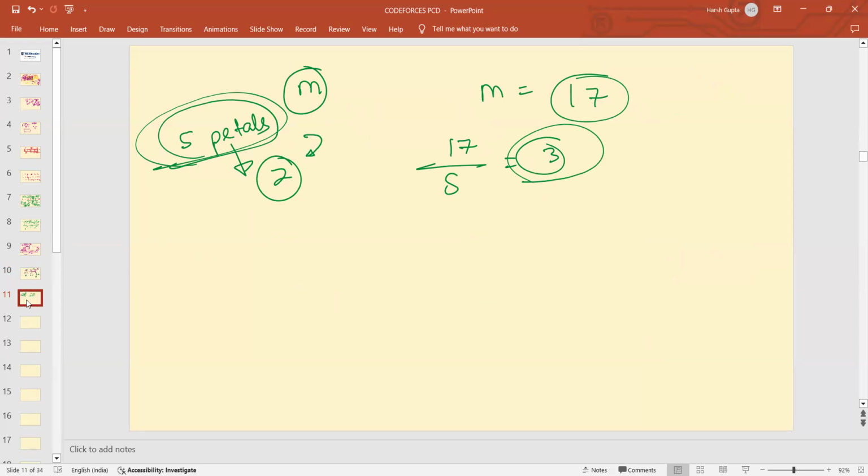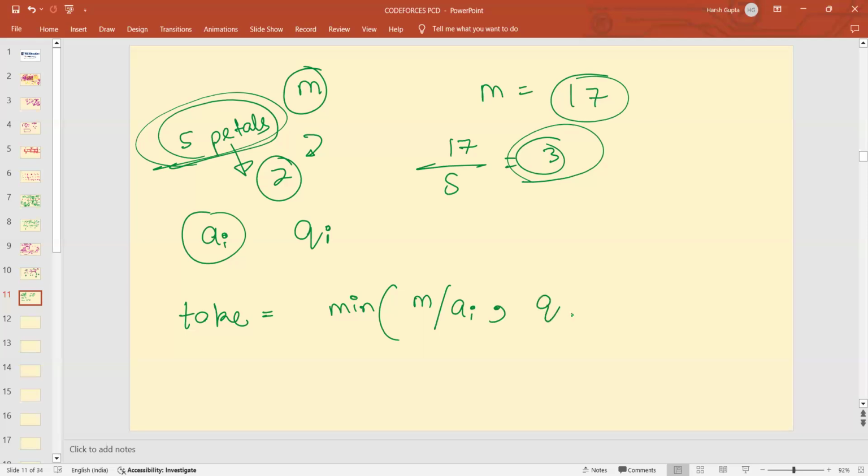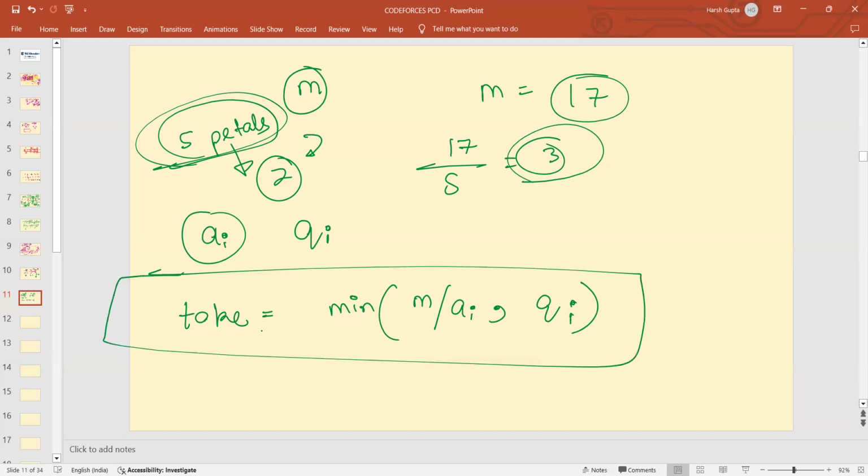So if you are constructing a bouquet with only one type of flower, for any ai-th flower, if the quantity of that type of flower is qi, then the number of flowers that I can take is nothing but the minimum of m by ai, comma qi. Does everyone agree with this? This is the maximum number of flowers I can take of this particular type.